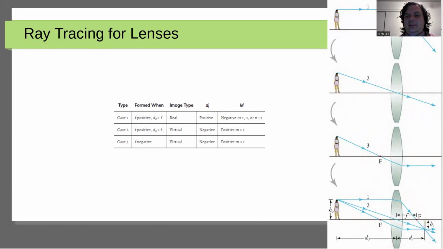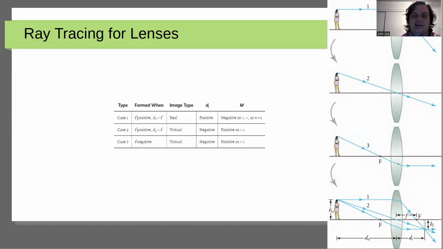But you have light that's going through the focal point, and then that's going to be straightened out so that it's parallel to the axis of symmetry, the central axis of the lens.